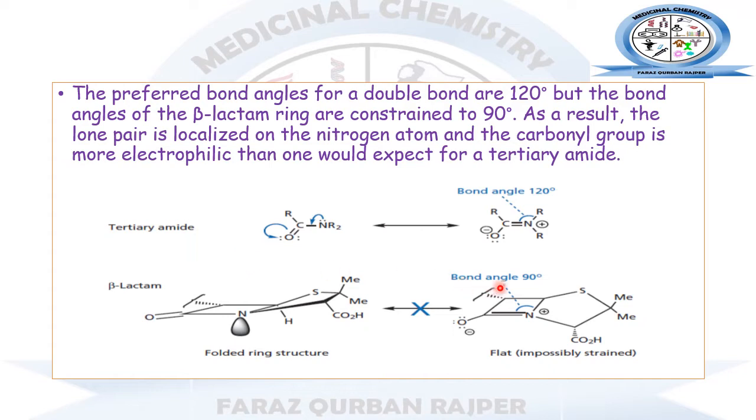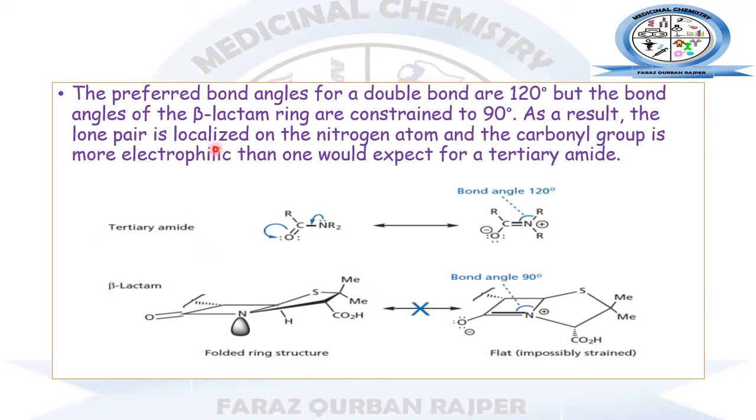So due to this decrease in angle, or due to the formation of an unstable bond angle, a torsional strain will occur, and this will cause the breaking of the ring, and now the structure has become flat, and due to the flattening of the structure, or what we call changing of the bond angle or formation of the unstable bond angle, its activity will be destroyed.